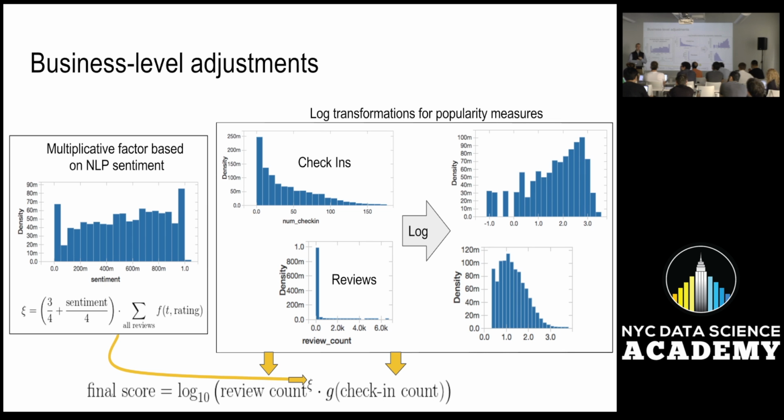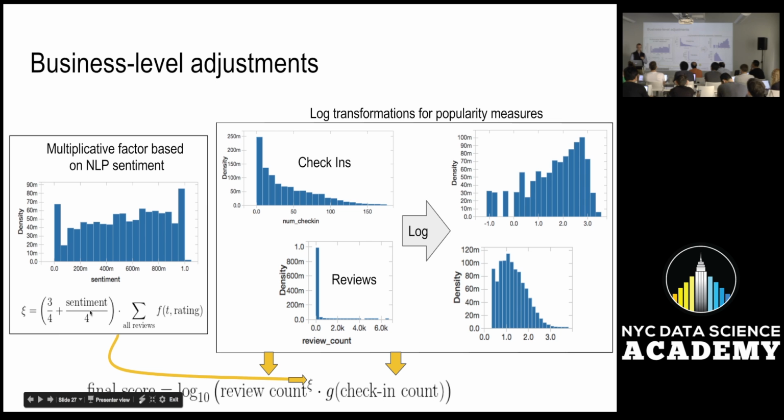On the business level, we had a few different approaches. We noticed that the check-ins and the reviews were both significantly skewed. So we applied log transformations, and we weighted the check-in count a little more because we thought that was a better indication of popularity than reviews themselves.